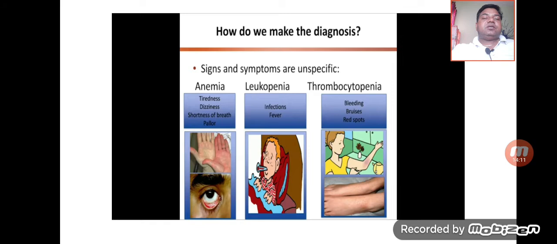In anemia, the patient will have tiredness, drowsiness, pallor, and in leukopenia or neutropenia, the patient is more prone to infection and will develop fever. And whenever the platelet count is low, the patient will have higher chances of bleeding, and will develop petechial spots in the skin. So these are the clinical features we will see in aplastic anemia.